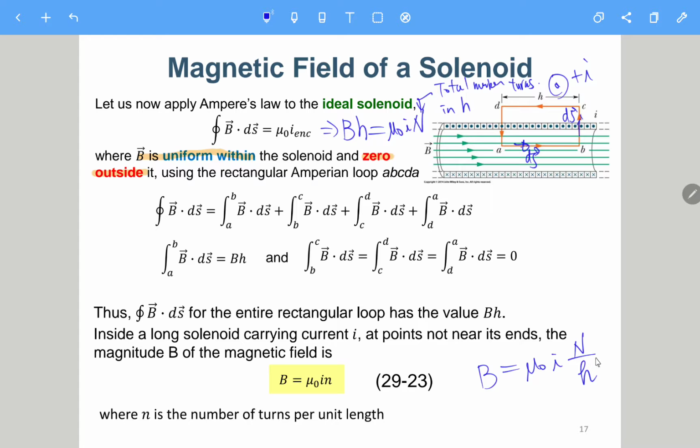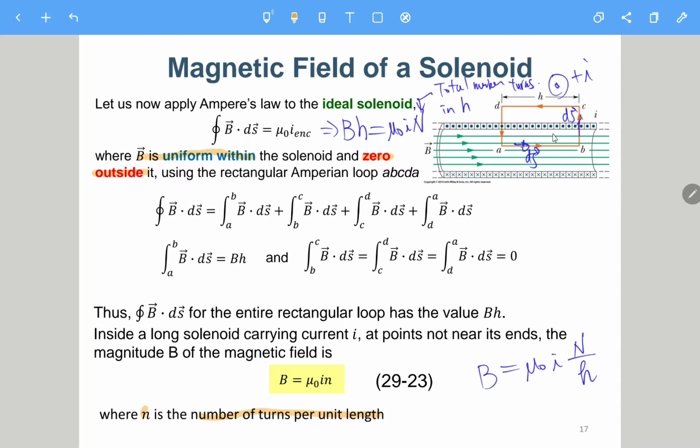So n over h we will denote as small n, which is the number of turns per unit length, because this capital N we will consider is the total number of turns for this segment, and then we divide it by h. So this is actually the number of turns per unit length.